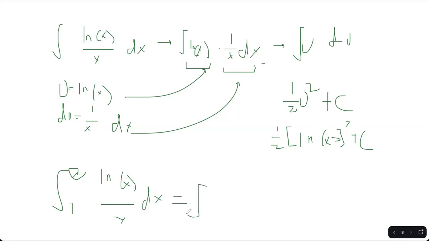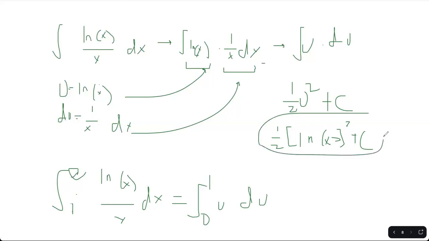You can rewrite this as the integral of u du, but since it's u, you have to convert the bounds to u. So you just plug these bounds into the equation for u, because these are x equals 1 and x equals e, but we want u equals something. Plugging in 1, you get ln of 1, which gives you 0, and then ln of e gives you 1. So you have just from 0 to 1.